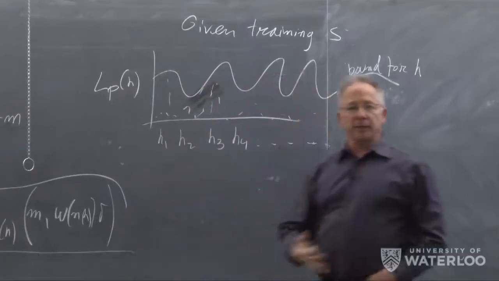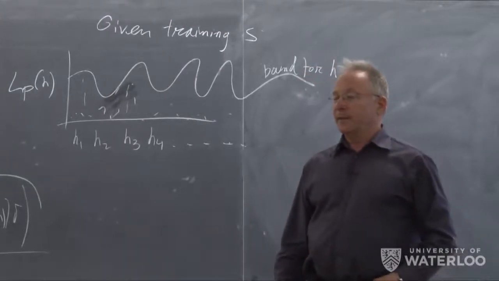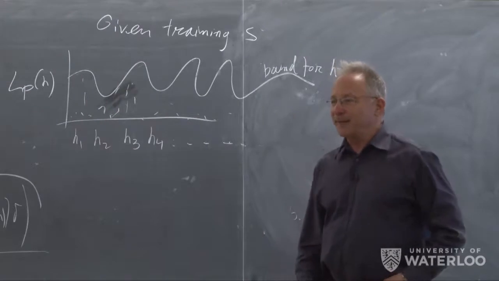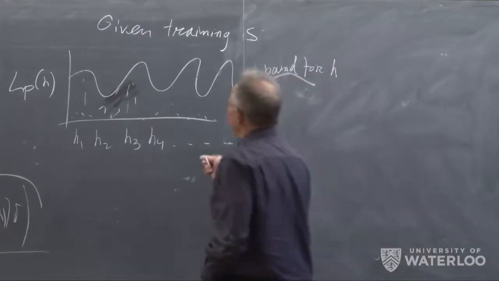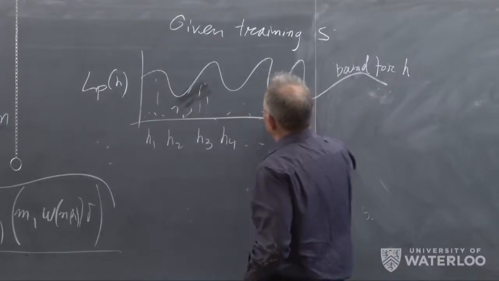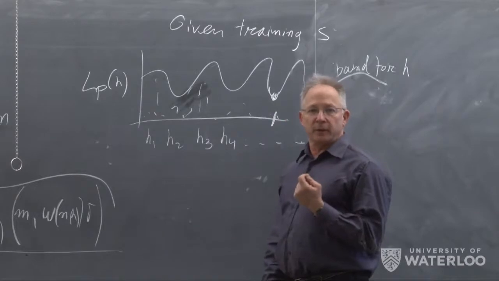So which h is a natural choice to pick? Yes? The minimum. The minimum of what? The one that minimizes the bound. So I will pick the one that minimizes the bound. This h that minimizes the bound is not necessarily the best h.